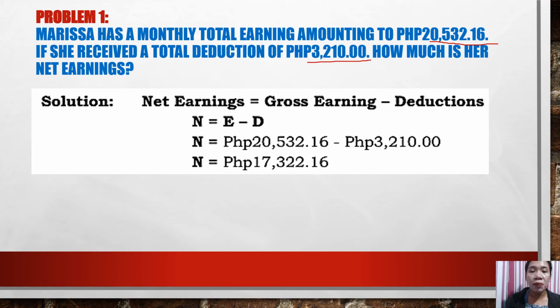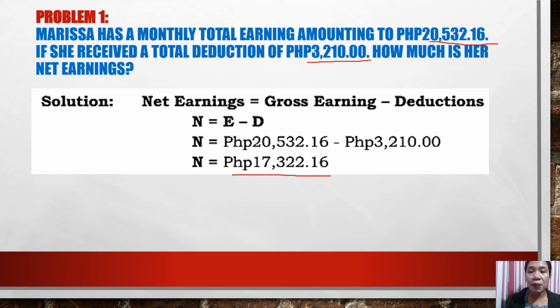So let us compute the solution. Net earnings equals gross earning minus deductions. So N equals E minus D. So 20,532 pesos and 16 centavos minus 3,210 will give you 17,322 pesos and 16 centavos.